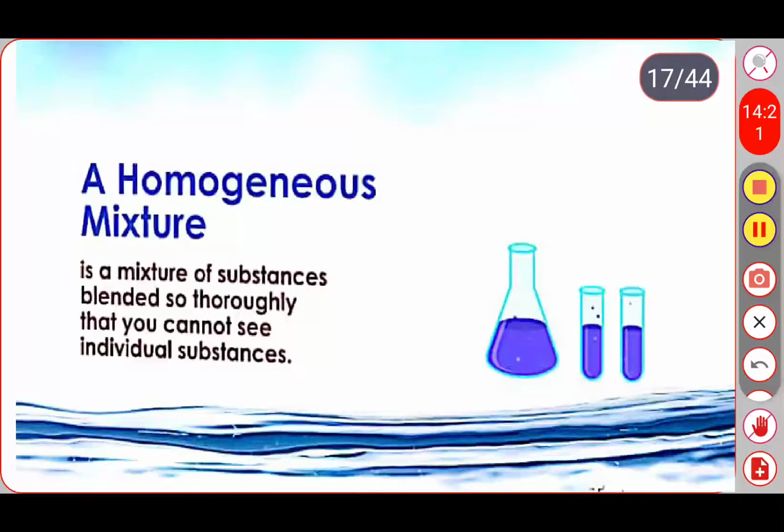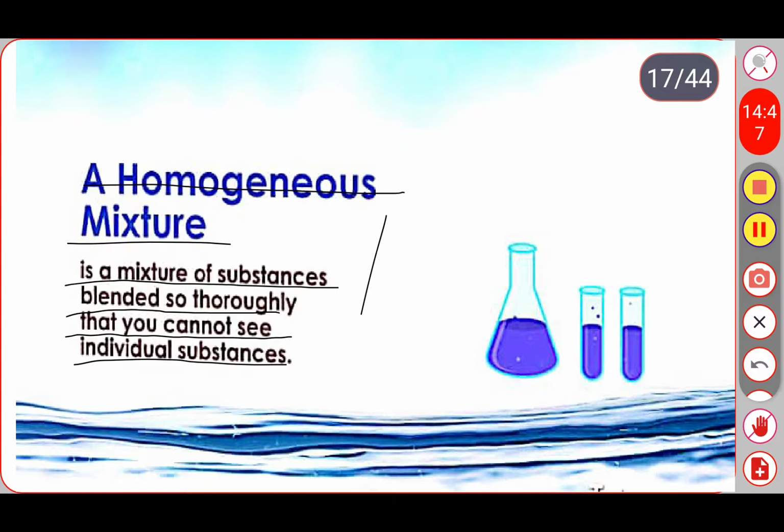A homogeneous mixture is a mixture of substances blended so thoroughly that you cannot see individual substances. It means if we take water in two different glasses and add those two glasses of water into a different container, we cannot separate that water again.